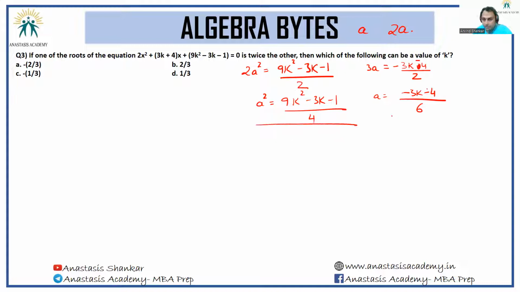Now I've got a square from here, I've got a from here. Let me get a square itself. A square will be equal to 9k square plus 24k plus 16 by 36.